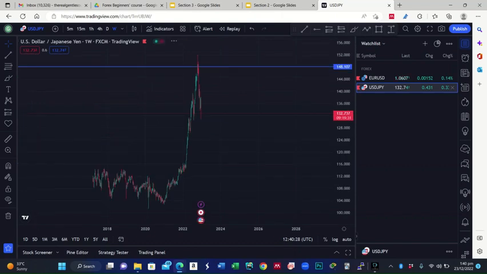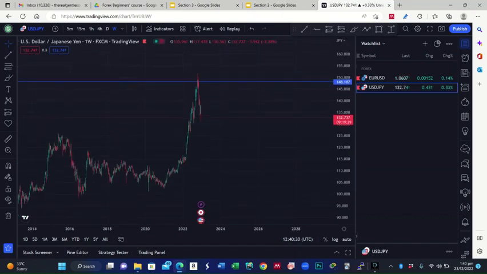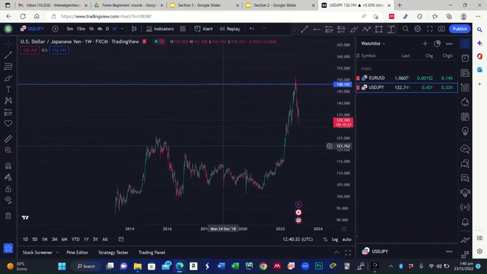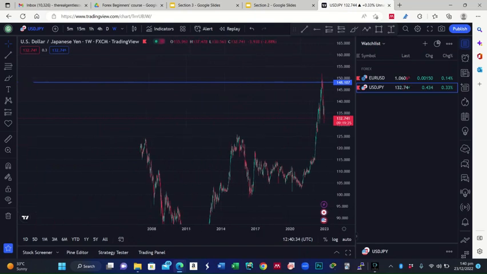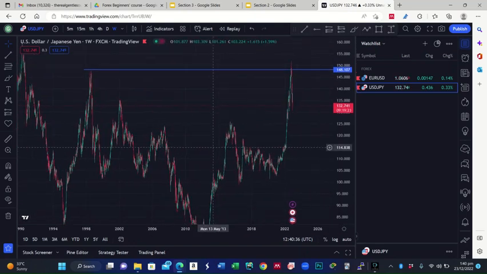Now let me make another example of USD JPY. You can see from this previous top, after it got there, there's a sharp reversal also, which means it is trending downward. It is coming downward. It is the bearish market.